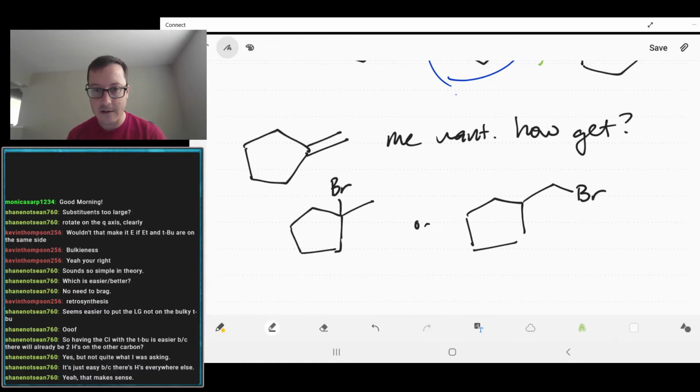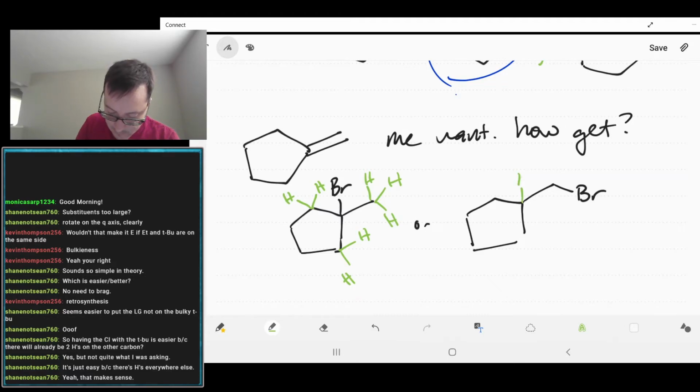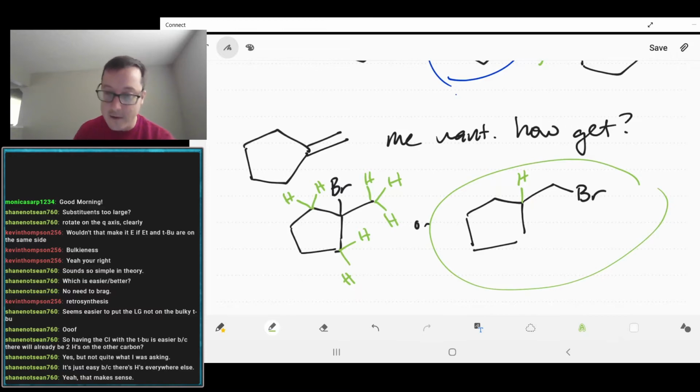Hopefully, we see that if we look at beta hydrogens, we have a lot on the left molecule, but on the right molecule, we only have 1 beta hydrogen. So that would be the better one to eliminate, right? Ta-da! Only 1 beta hydrogen. That's the only one that can be eliminated. That would give us our product.